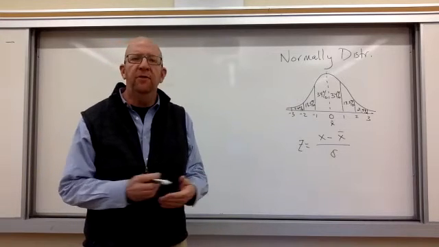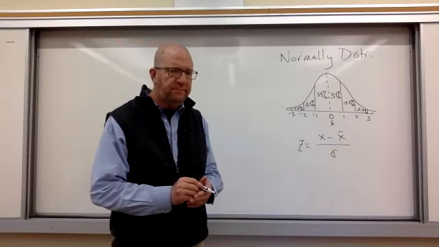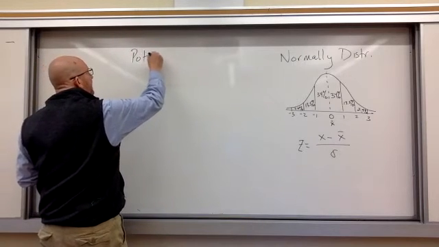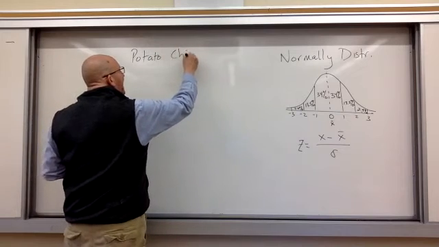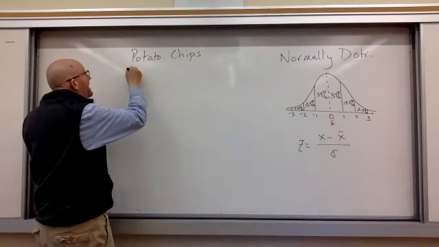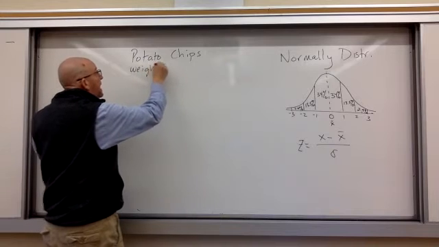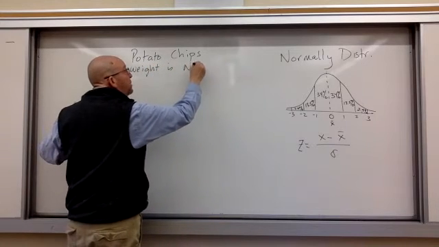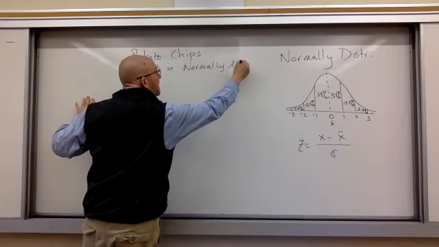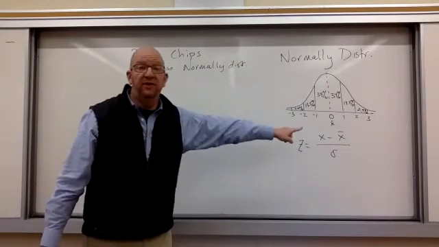And let's see how this works with a problem. Let's say we're dealing with potato chips. And let's say we're told that potato chip weight is normally distributed. As soon as you hear that, you know you're dealing with this situation.